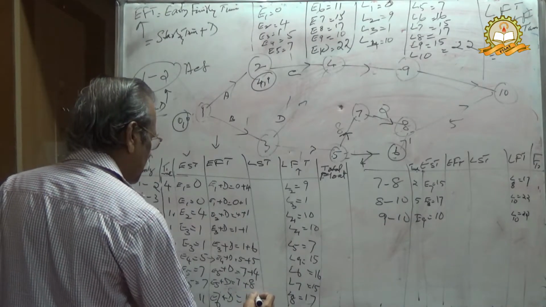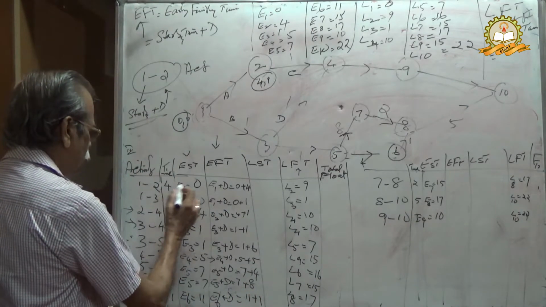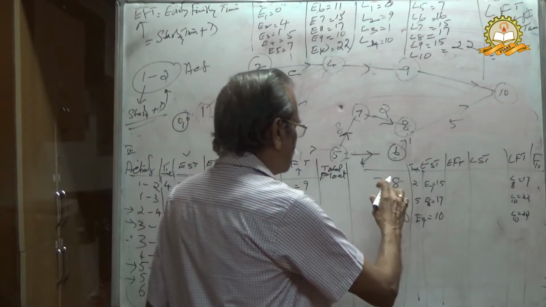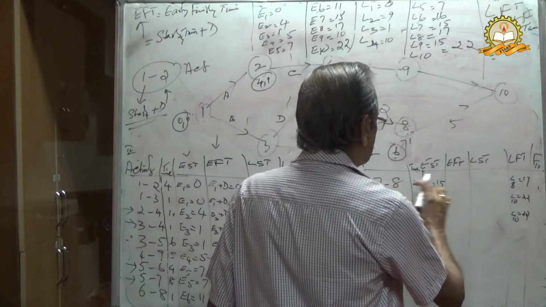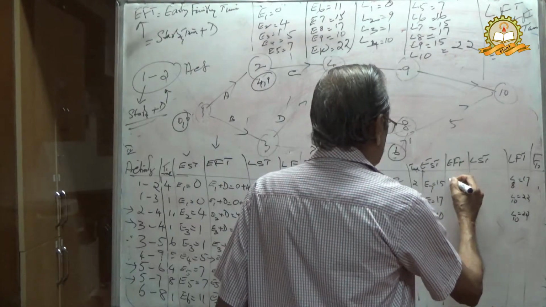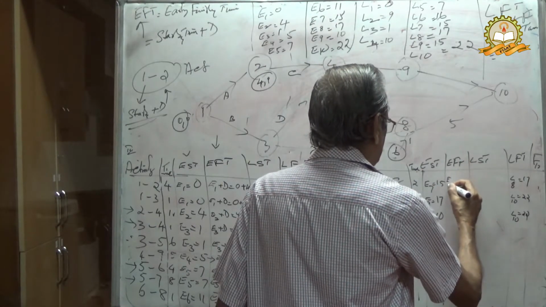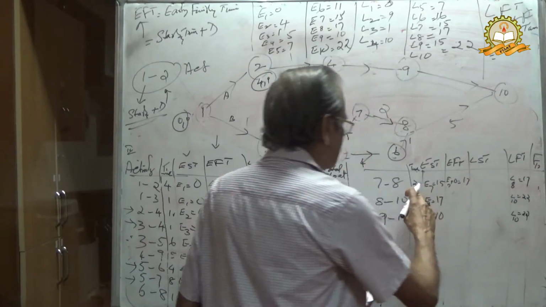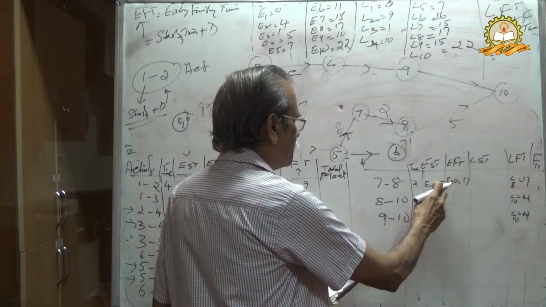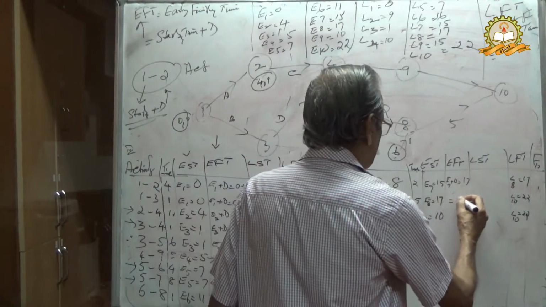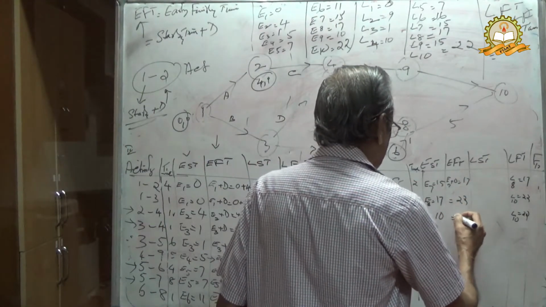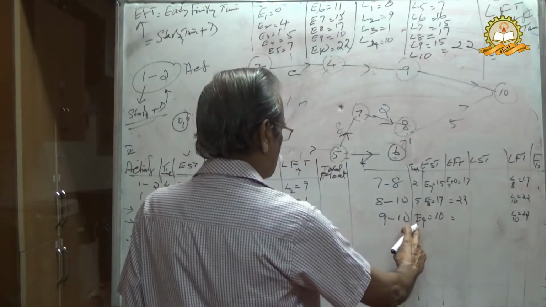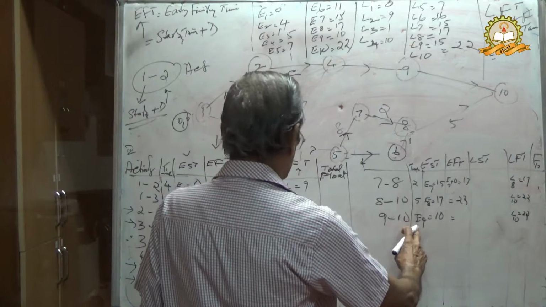11 plus 1. That means you are adding this. And here you have 7 8. 7 8 means 7 plus duration equal to 17. E7 is 15 plus 2. Here it will be 22. Here equal to 20, duration 2 5.